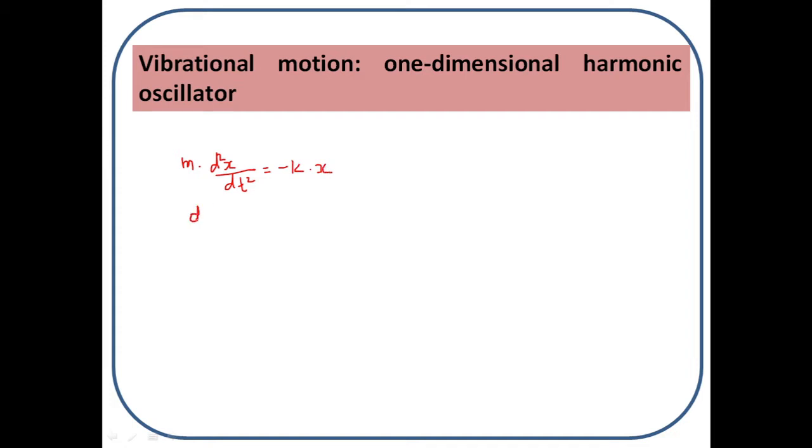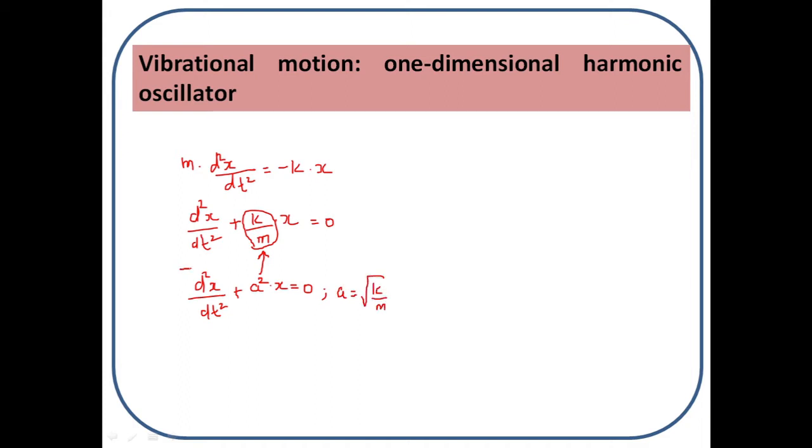Upon rearranging, d square x by dt squared plus k by m into x is equal to 0. Now we can substitute for this k by m, say d squared x by dt squared plus a squared into x is equal to 0, where a squared is equal to k by m, which implies a is equal to root of k by m.